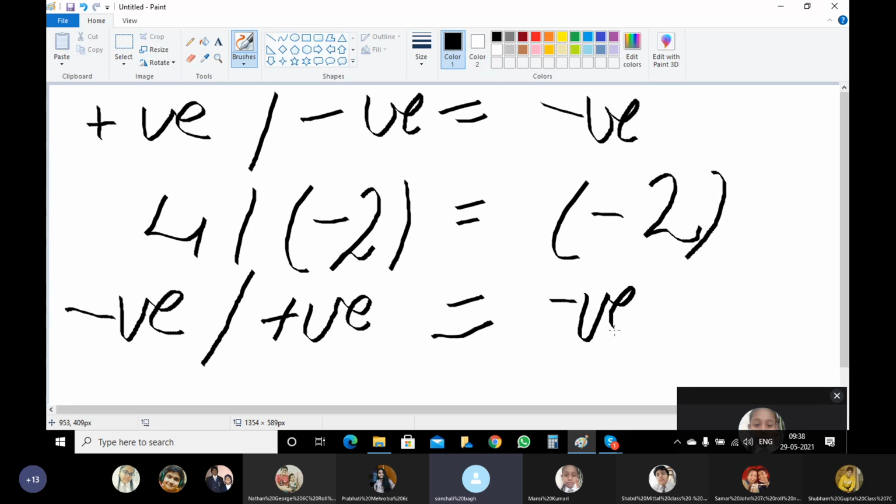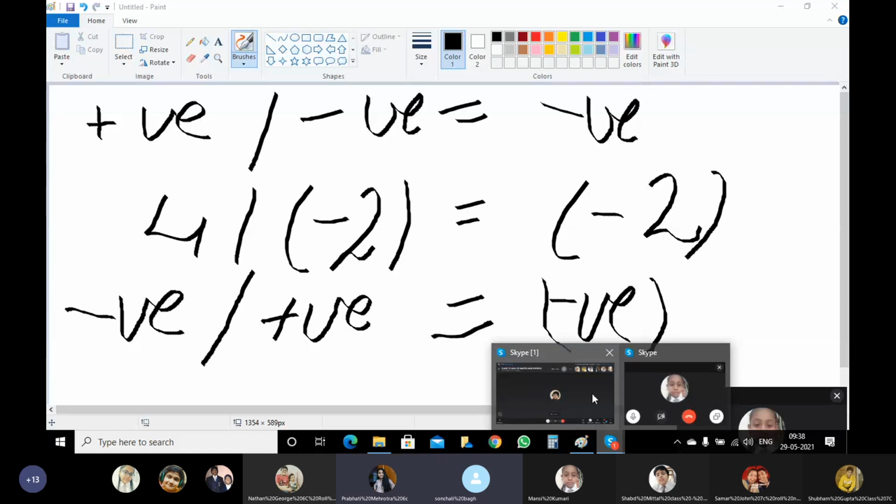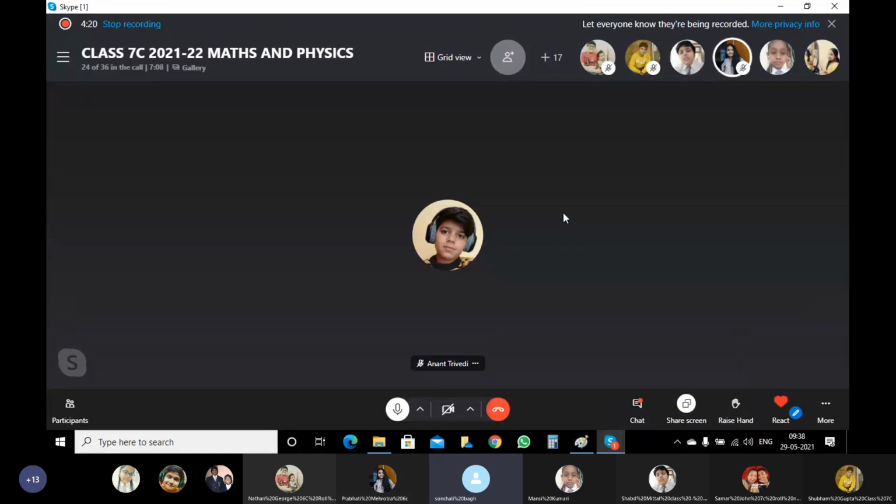So if I say -4 divided by 2, what should be the answer? -2. So have you understood the sign rule? Yes, ma'am. Any confusion? No, ma'am. Okay. So now, if there is no confusion, can we move to the properties of division?